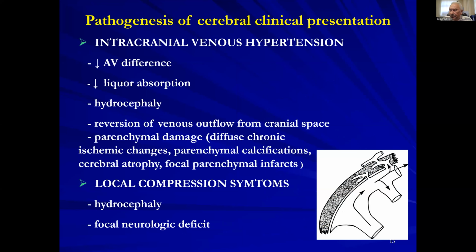The pathogenesis of the cerebral clinical presentation is caused by 2 factors: intracranial venous hypertension due to decreasing arteriovenous difference and decreasing liquor absorption, causing hydrocephalus, and local compression symptoms in cases with a highly dilated venous pouch, presented as hydrocephalus and focal neurological deficit.